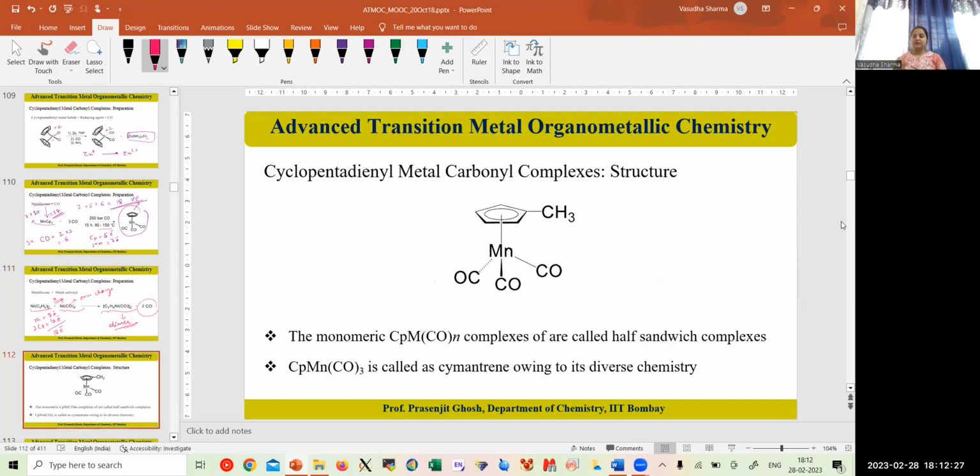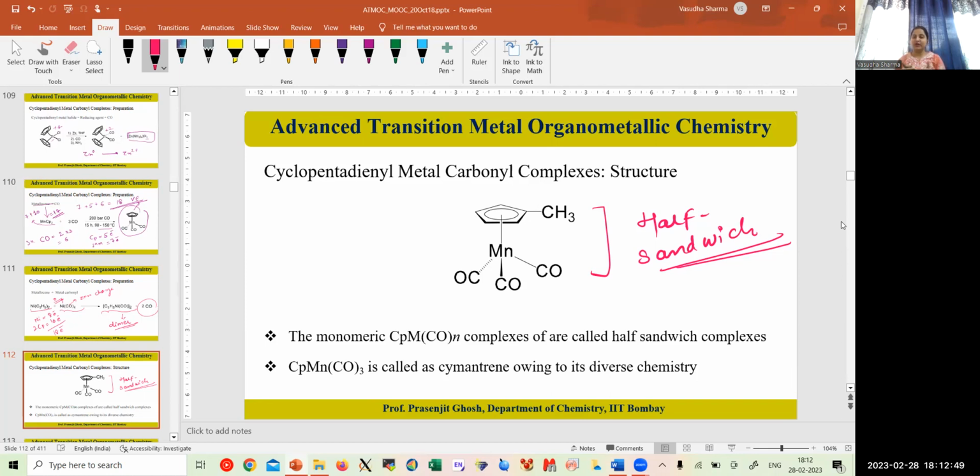Moving ahead, what kind of structure is this where we have Cp as well as carbon monoxide? These are called half sandwich structures. We have discussed in week 1 and week 2 these kinds of structures, where on one side there is a Cp ring but on the other side there is some other ligand.